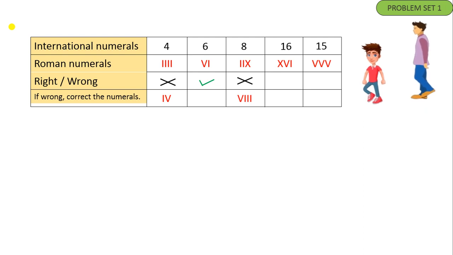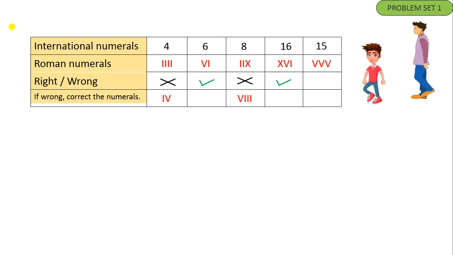Yes, teacher. Teacher, I will try for the next 2 answers. Go ahead, Rahul. Thank you, teacher. The next number is 16, and for it the Roman numeral is XVI, and it is correct.